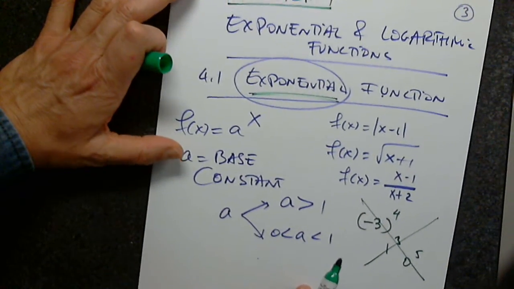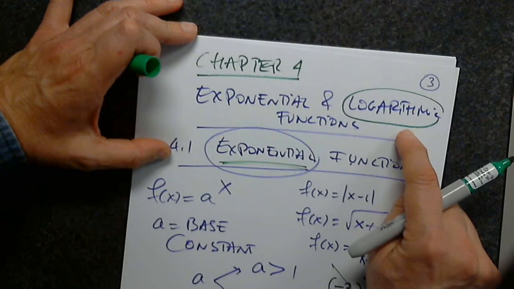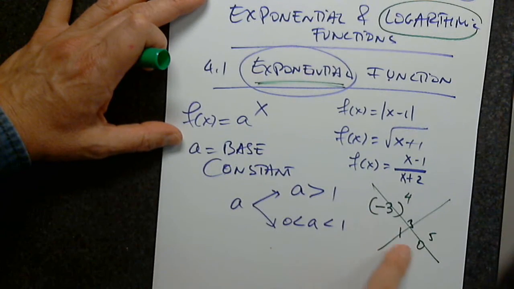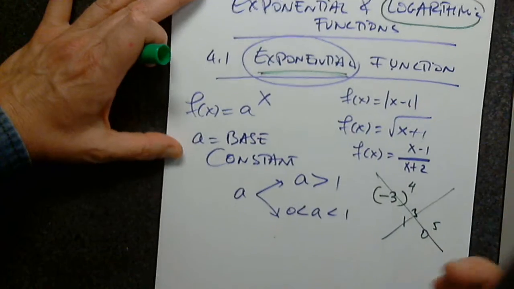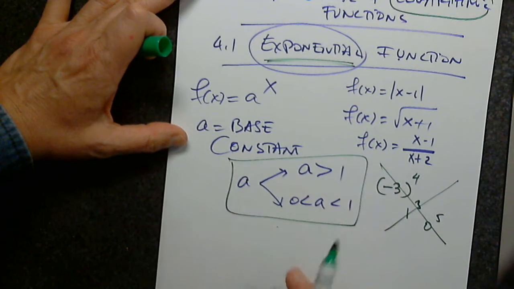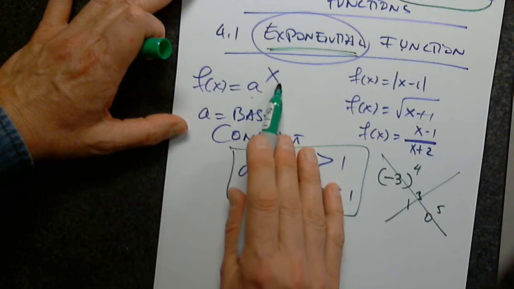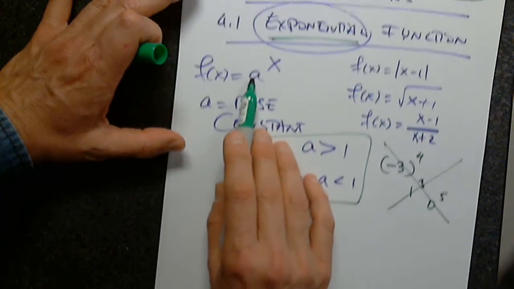Why? Here's the only reason. This function will not exist if we allow the base here to be any of these numbers. The inverse function will not exist. So therefore, we have only two possibilities. Either a positive number greater than 1 for the base, or between 0 and 1. I'm not talking about the domain of the function. I'm talking about the base of the exponential function.